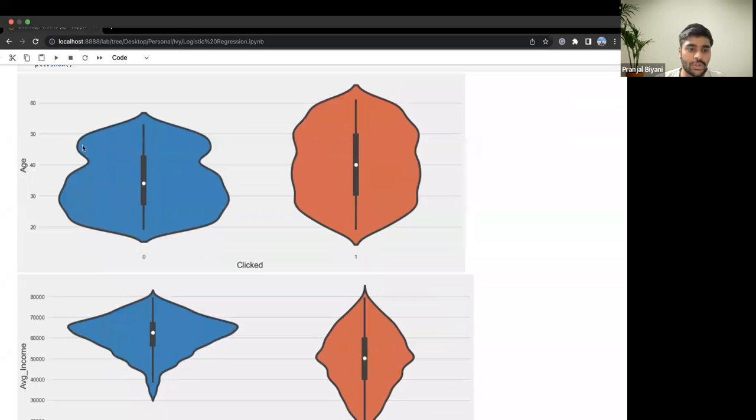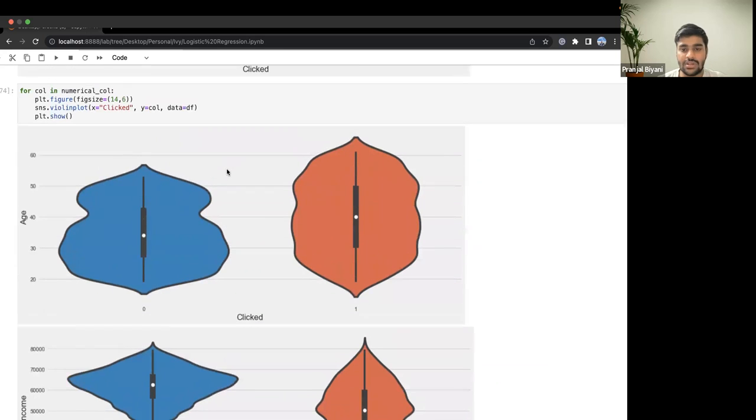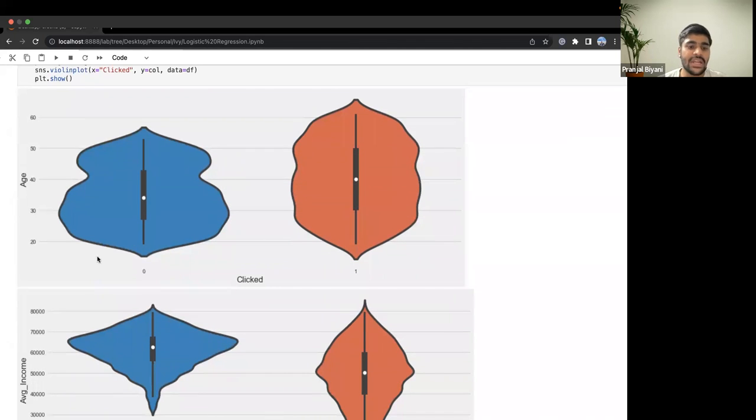In this one, the distribution first increases a little, then there is a curve, then there is further increase. So your violin plot just tells you, for example, for age, the minimum value of age and the maximum value of age. Now the distribution of age is such that there are a lot of people in the age group 20 to 40. Then post 40, there is a drop.